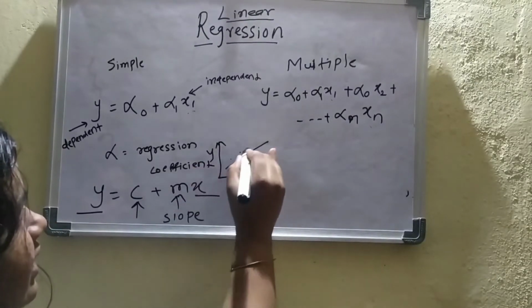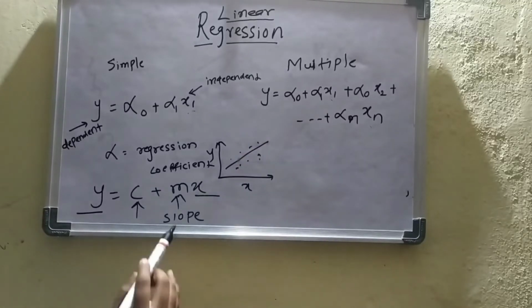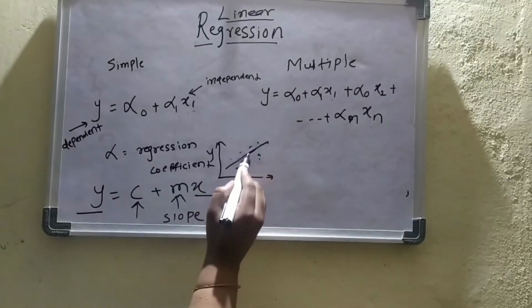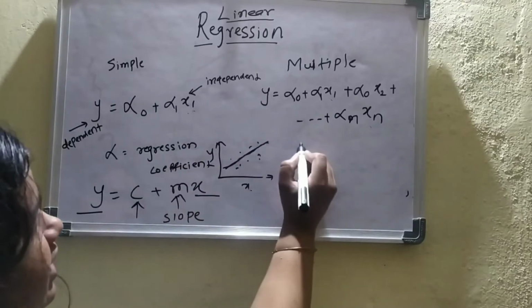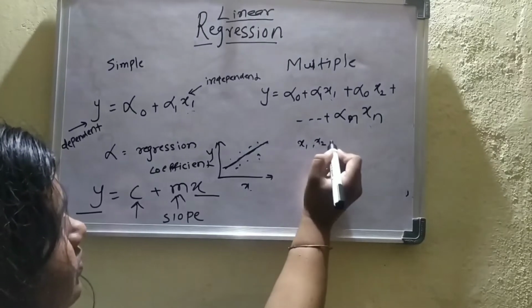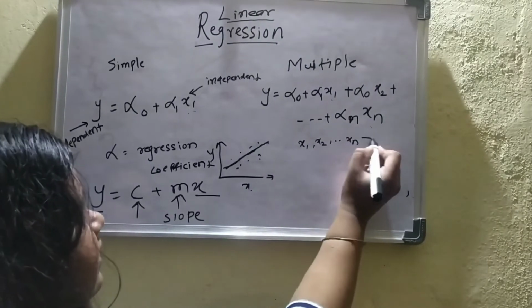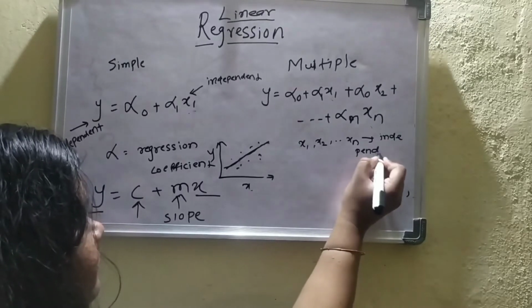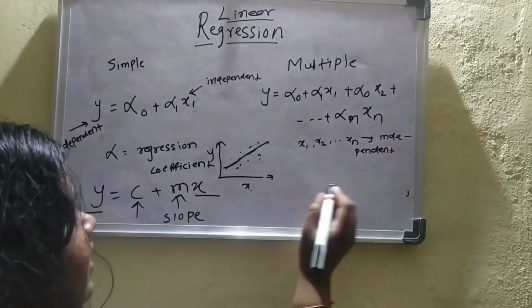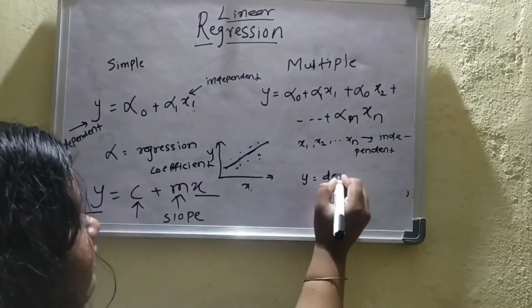The slope is the slope of this straight line. So this is simple linear regression. Similarly, in multiple linear regression, x1, x2, ... xn are the independent variables and y is the dependent variable.